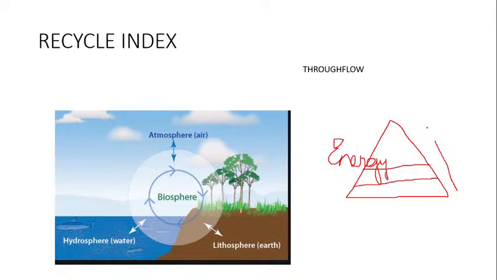So in biogeochemical cycles also there is a cycling of materials. The cycling of carbon, cycling of nitrogen, cycling of oxygen, phosphorus, sulfur, etc. All are cycled.